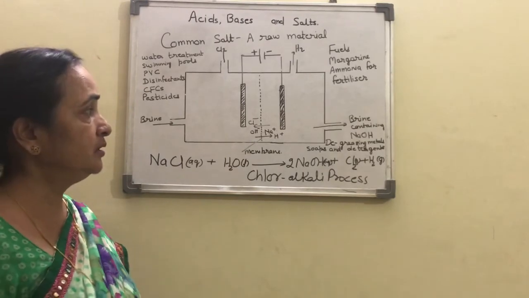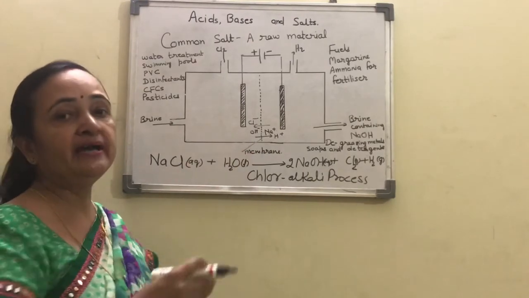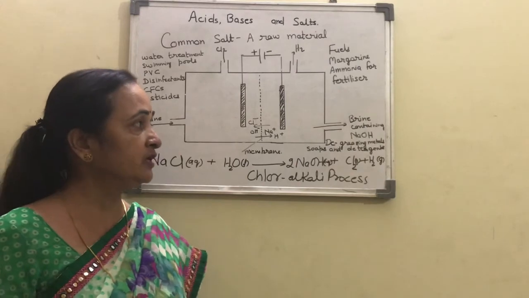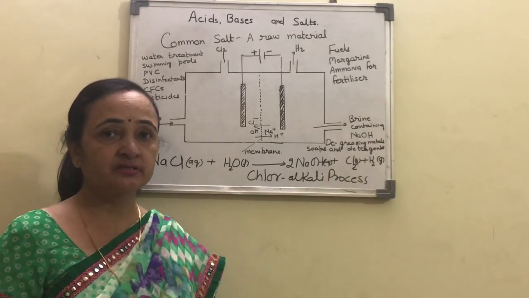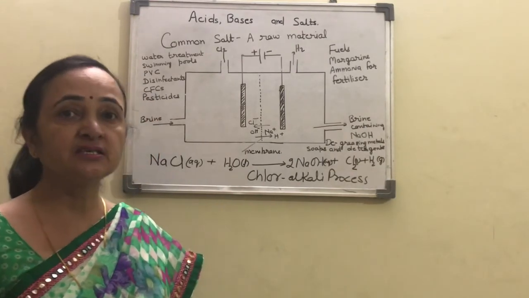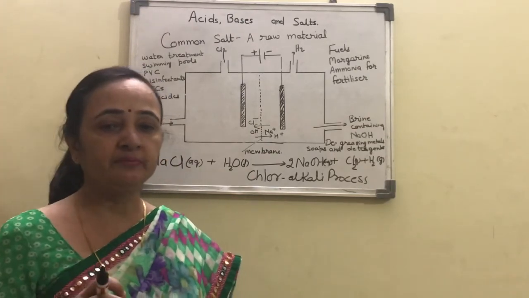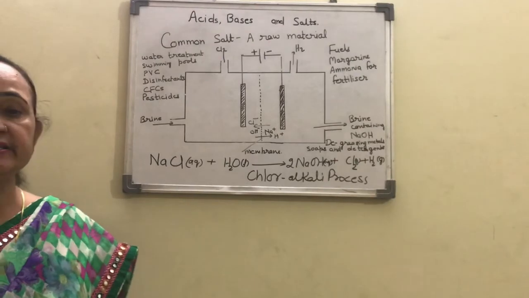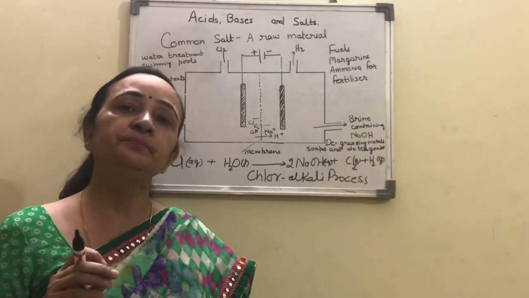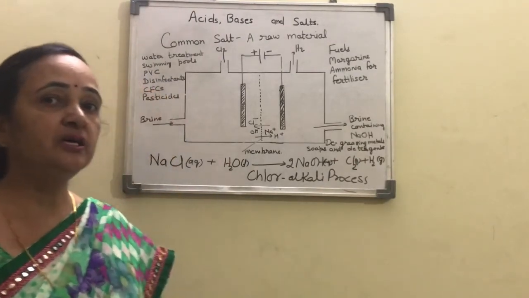Then this sodium hydroxide is also used in making synthetic fibers. Okay, you studied in the previous classes that sodium hydroxide is used in the preparation of synthetic fibers, and besides this it is also used in paper making. So these are some of the uses.